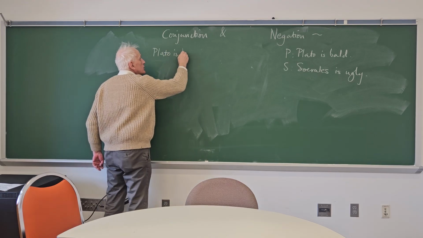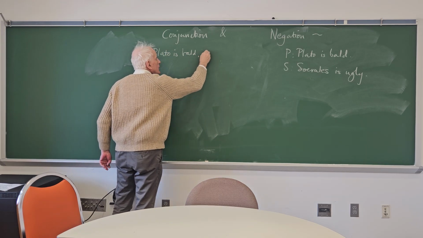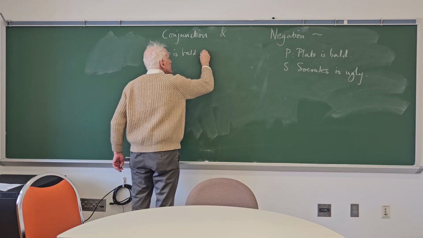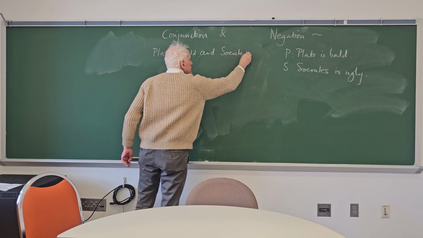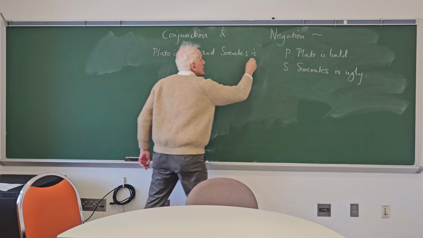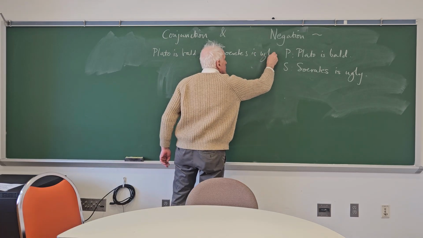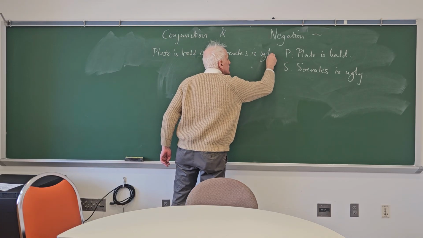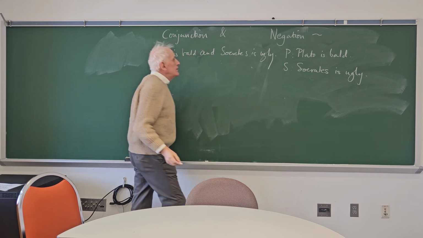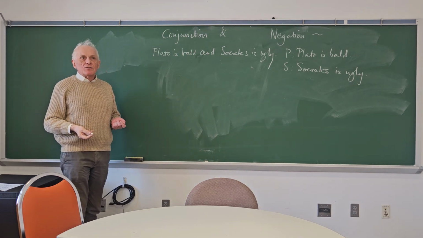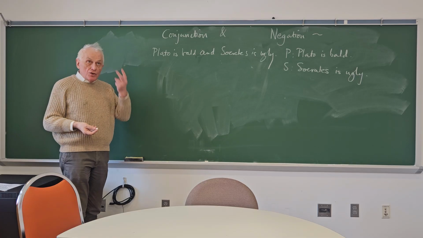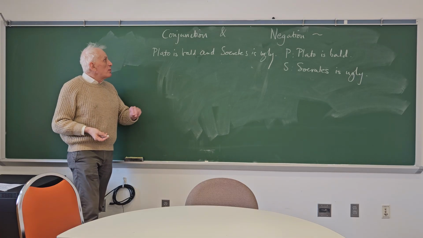So we now have a compound sentence. Plato is bald and Socrates is ugly. Very ugly. This is obviously not an atomic sentence because it contains two sentences as proper parts of it.